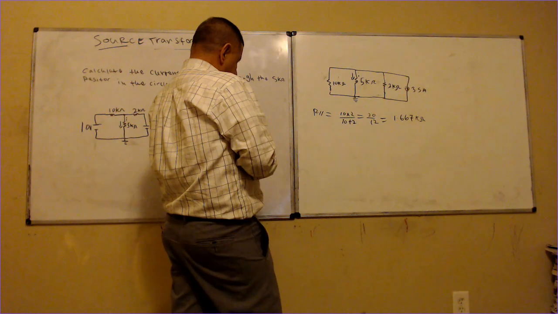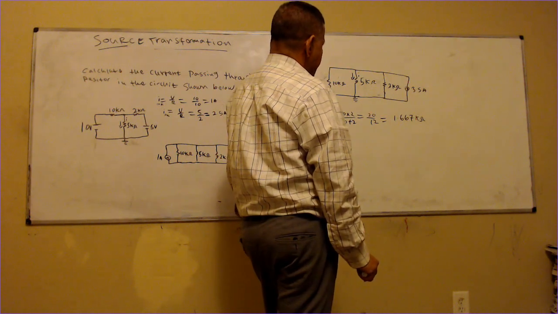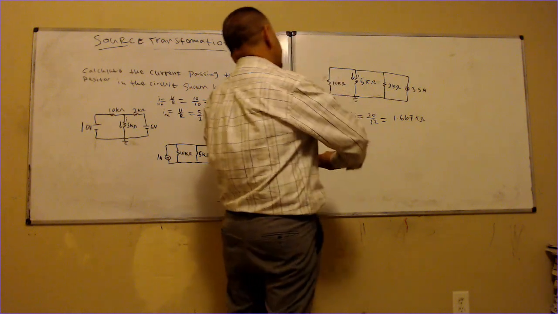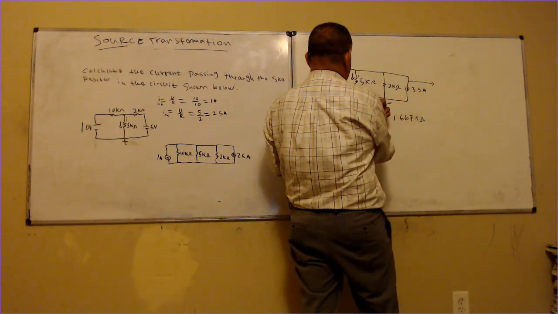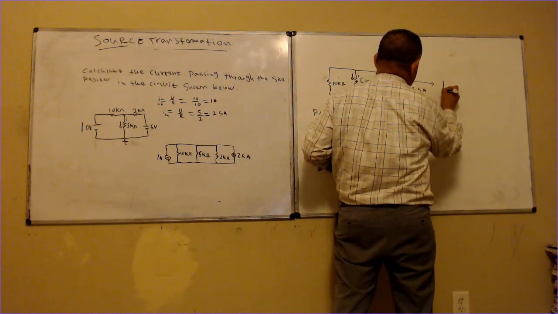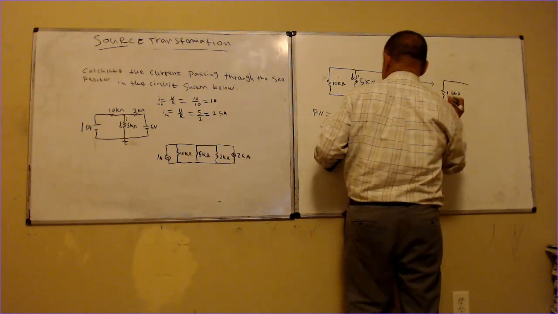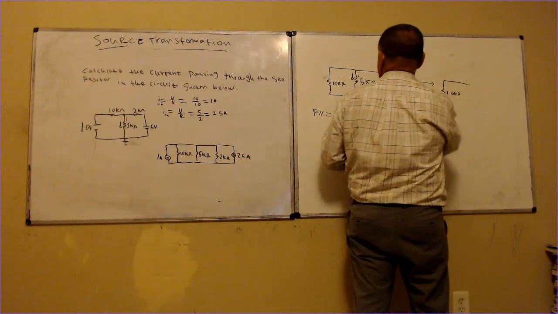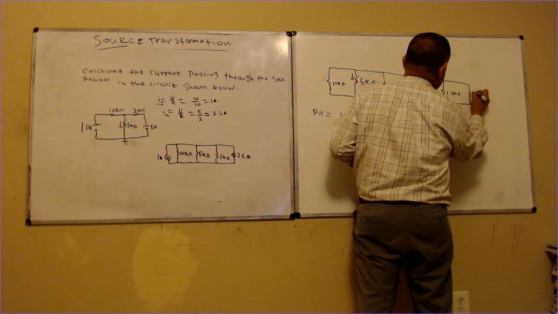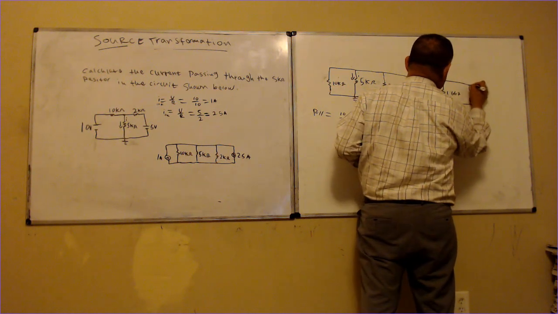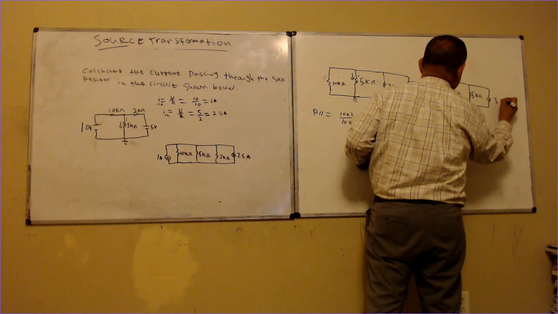Okay, now at this point, this circuit can be looked at now only with the resistors, which is going to be 1.667, and then the 5K, and then the current source is going up, 3.5 amps.